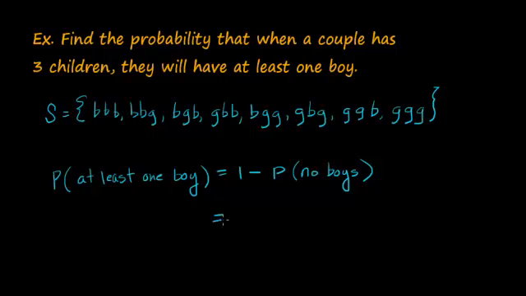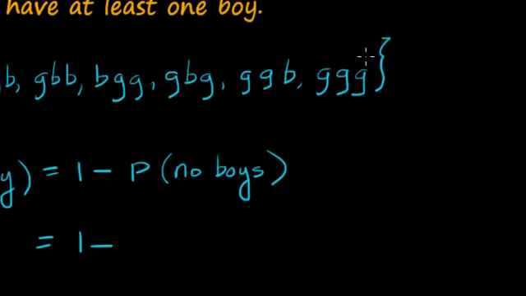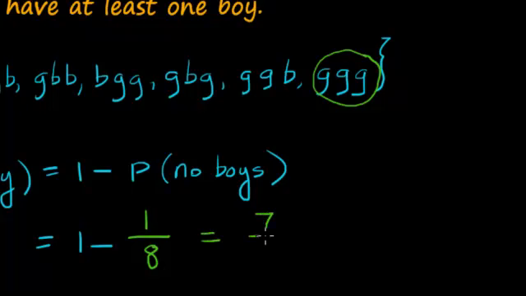So that would equal 1 minus, well, what's the probability of no boys? Well, this one has boys, boys, boys, boys, boys, boys, boys. There's only one outcome here where there are no boys. So that would be one outcome out of 8 outcomes in our sample space. So this would be 7/8. So the probability of having at least one boy would be 7/8. We use the method of the complement to find that.